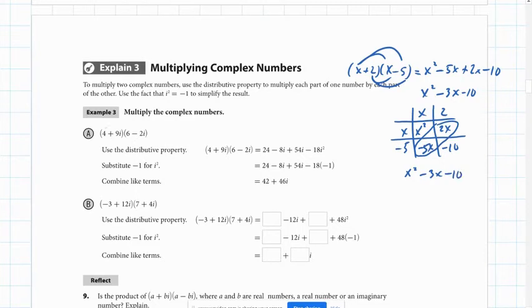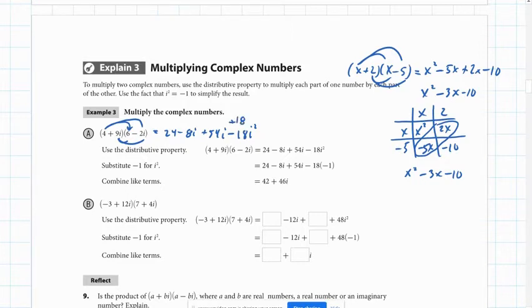So in example A, we distribute, and we get 24 minus 8i plus 54i minus 18i squared. But remember, i squared is just negative 1, so this is actually plus 18.